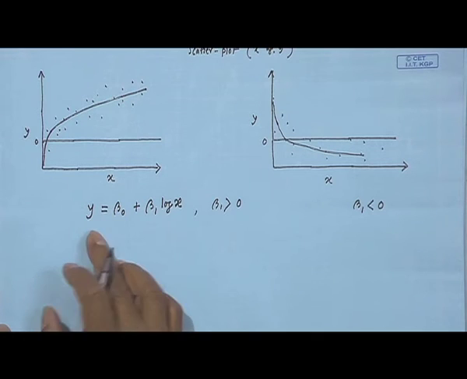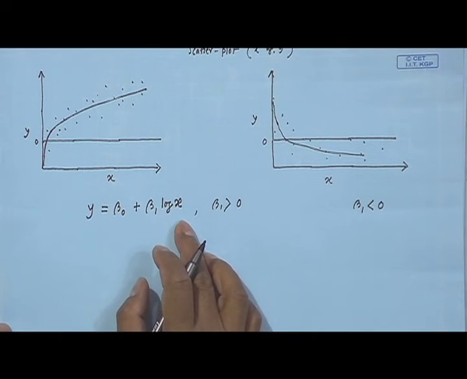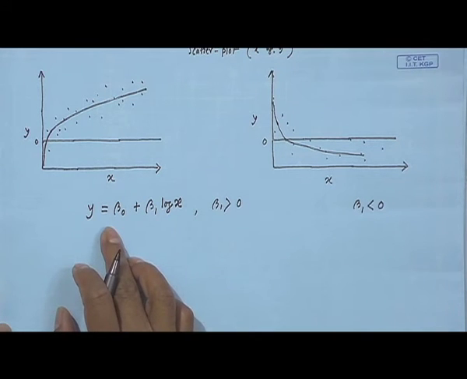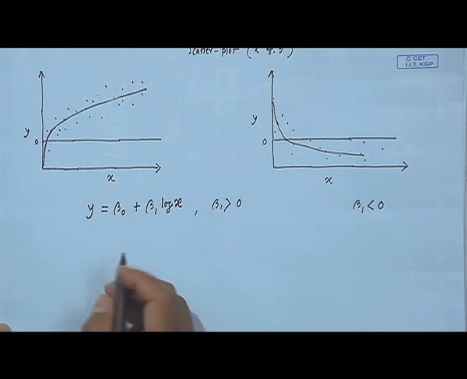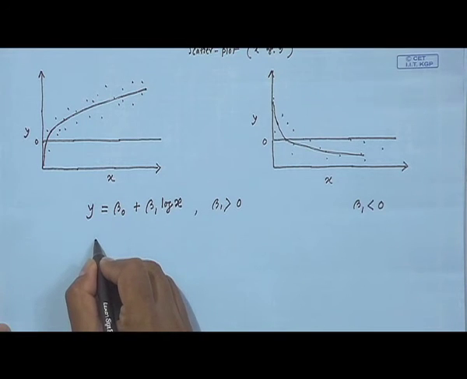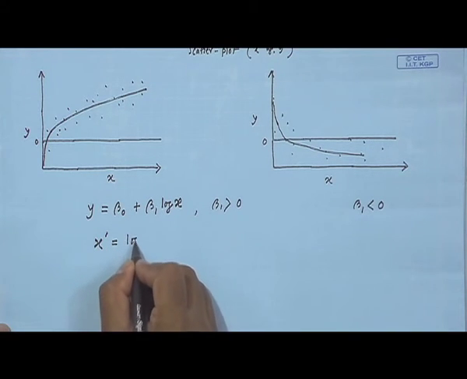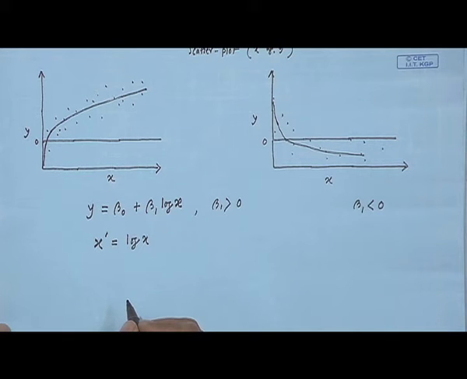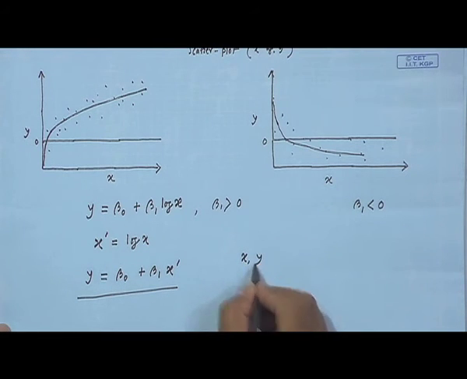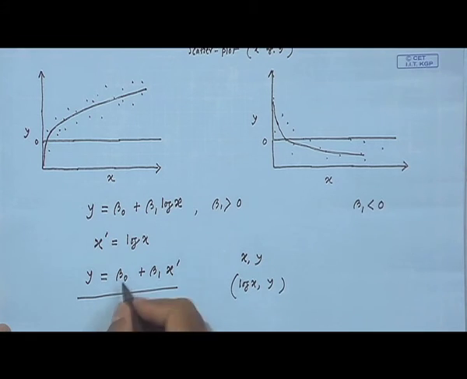Okay. And it's very easy to realize that this is a linearizable function, because here you just take the transformation x prime equal to log x, and then the model becomes y equal to beta naught plus beta 1 x prime. So, given the data x y, you transform that to log x y and fit this linear model.